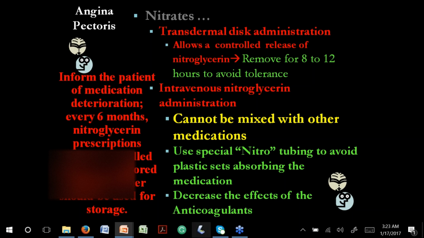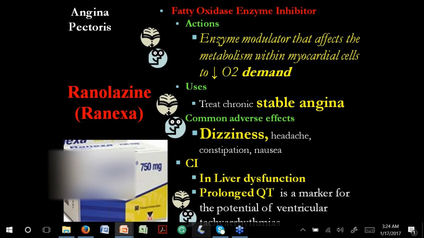All right, so this nitrate cannot be mixed with other medications. Use a special nitro tubing because the nitroglycerin can be attached to the walls of the normal tubing. So that is going to decrease the amount of nitroglycerin given to the patient. That is going to decrease the effects of the anticoagulants.